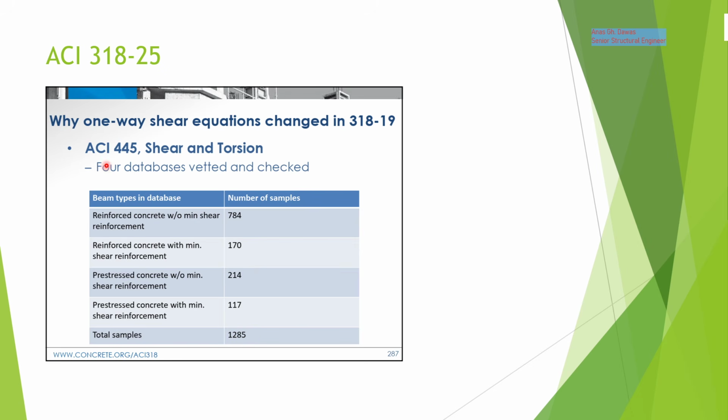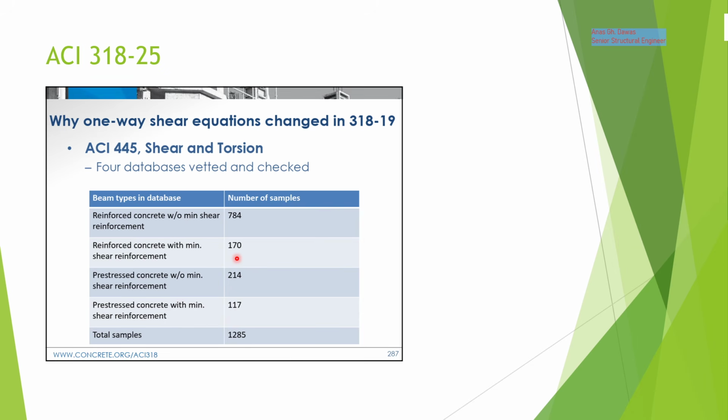As per ACI 445 for shear and torsion, here we have the number of samples that ACI used to test the previous equations for one-way shear. We have here more than 700 samples for reinforced concrete sections without minimum shear reinforcement.